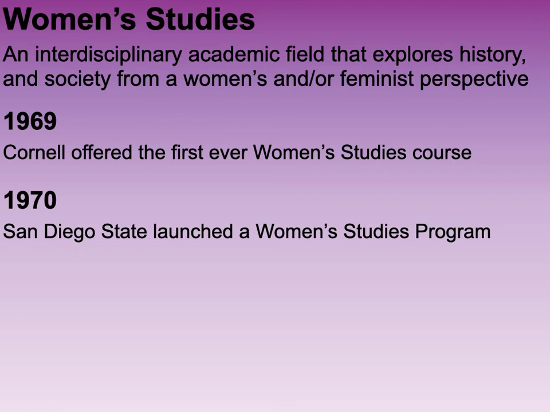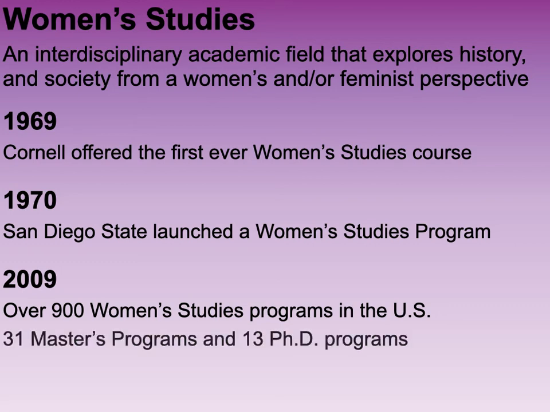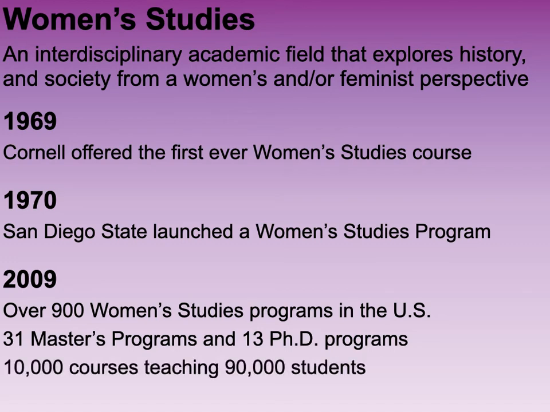So when there was the 50th anniversary celebration in 2009, which is now more than a dozen years ago, they took a look at how many women's studies programs there were, and it went from just that one to over 900. And there were 31 master's programs and 13 PhD programs in women and gender studies at the time. And then at that point, 10,000 courses teaching 90,000 plus students.